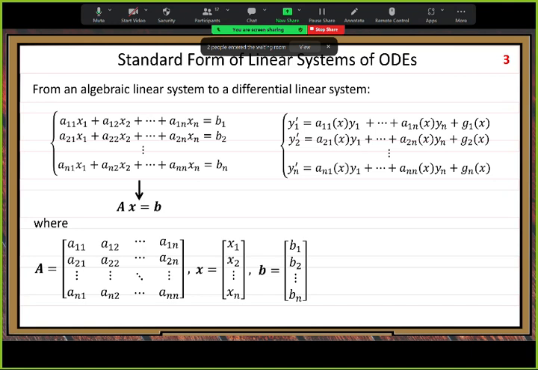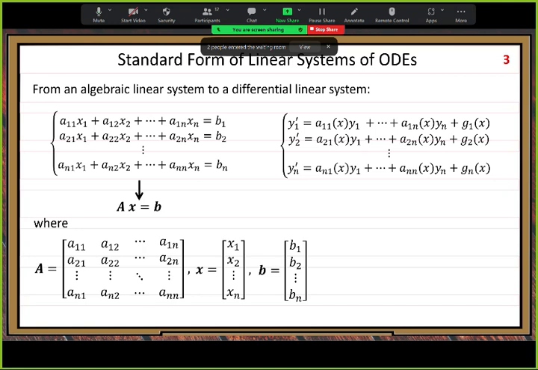Then the coefficient functions, so all these little a, they are the coefficient functions, multiplying all those n different y functions.